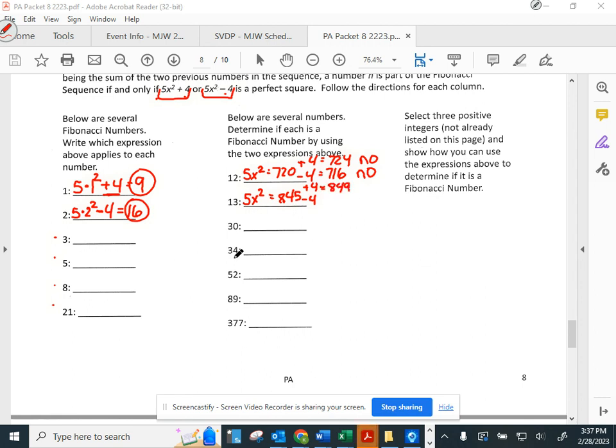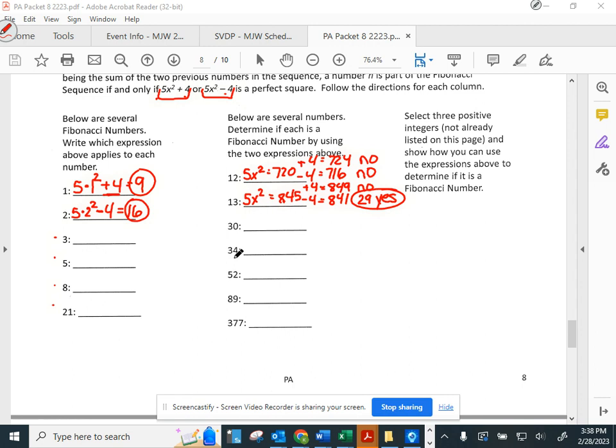I take the square root of that. It is not a whole number. 845 minus 4 gives me 841. I find the square root of that is the whole number of 29. So yes, it is a Fibonacci number.